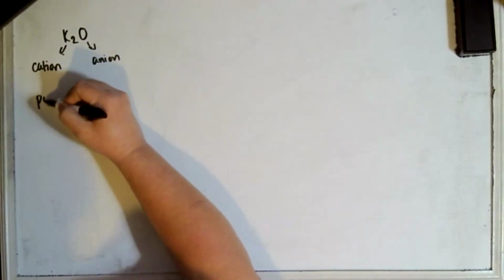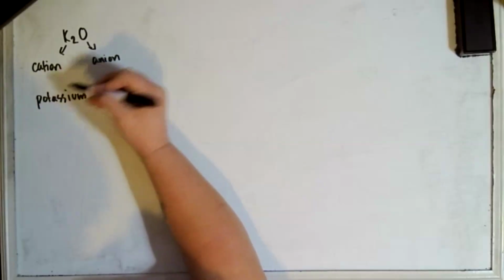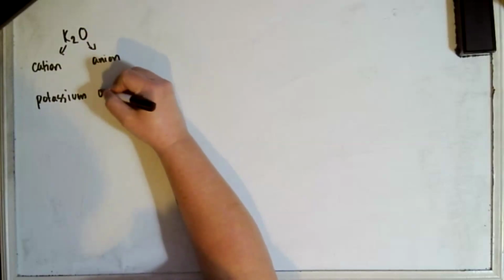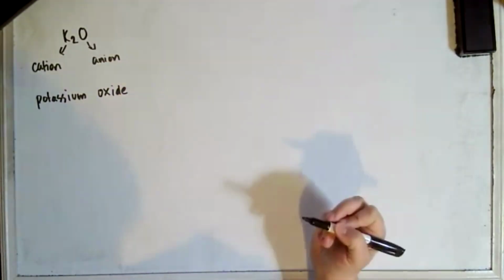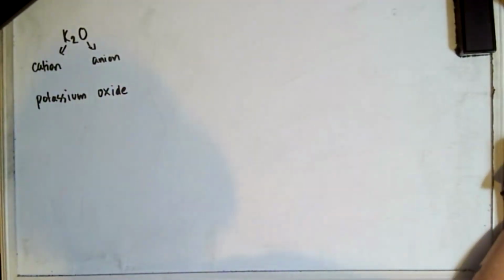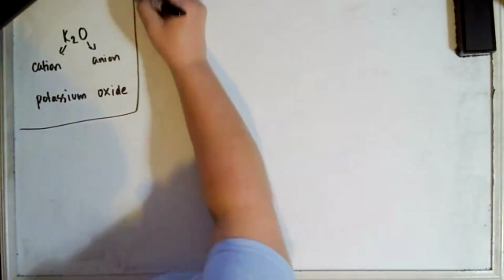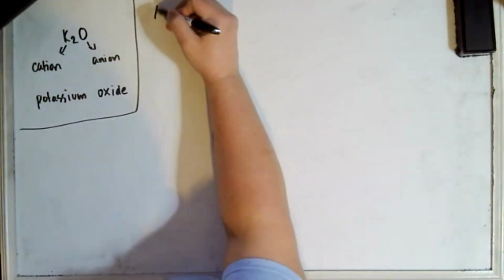So it's just going to be potassium. And then we're going to take the name of the nonmetal, oxygen. We're going to keep the first syllable and add the IDE ending. So potassium oxide. Okay. We have a few more examples in the next learning check that we can look at.